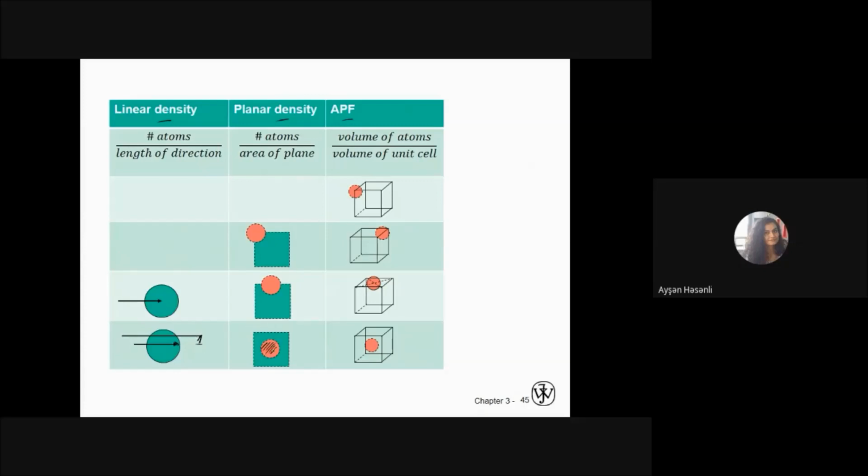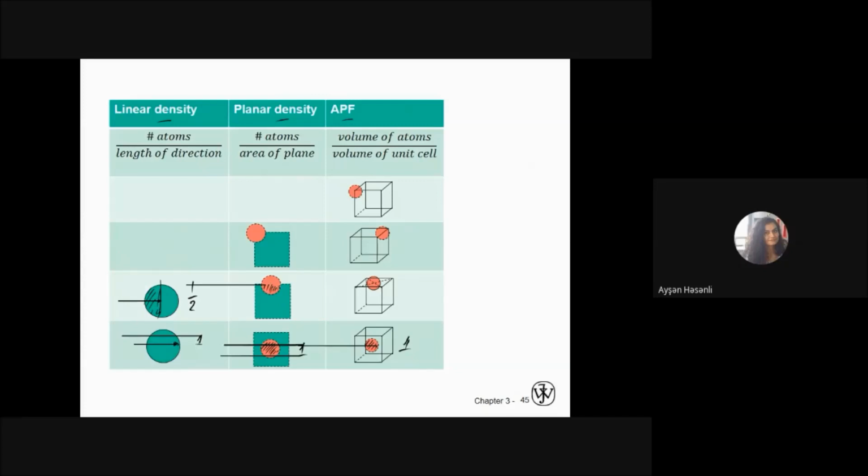All of this atom's area is inside the rectangle. One portion. All of this atom's volume is inside of that cube. One portion. This direction goes through half of this atom, 1/2.